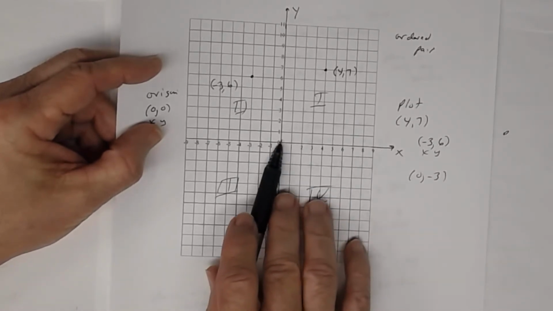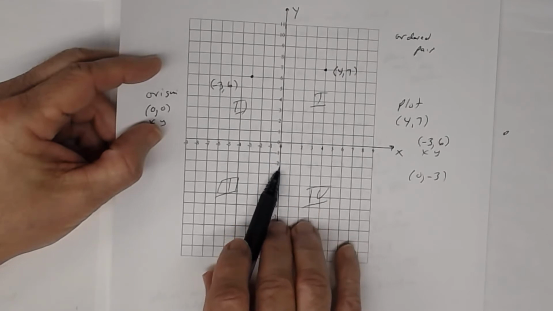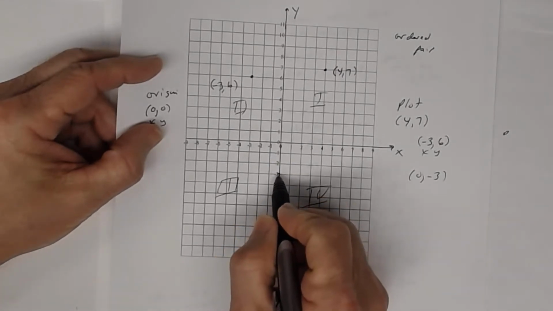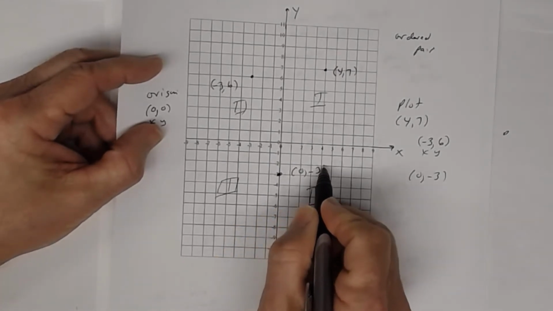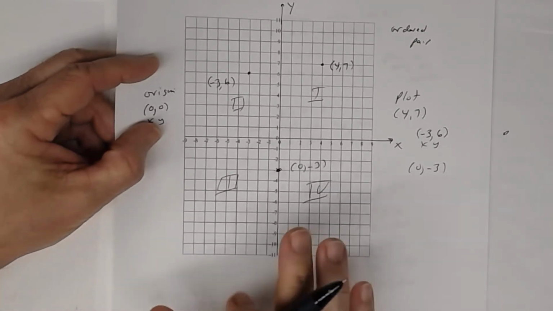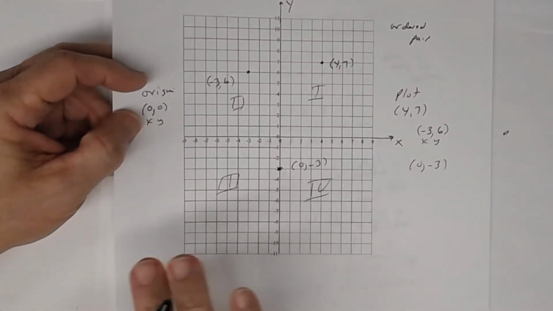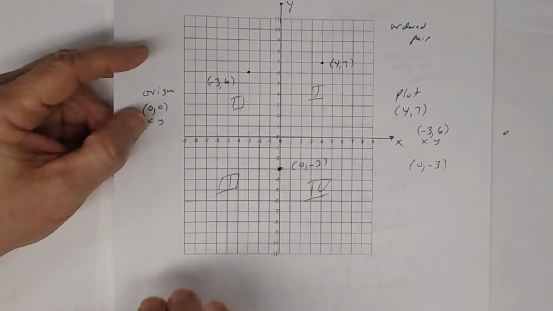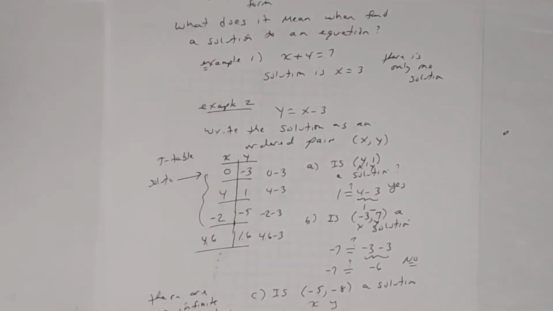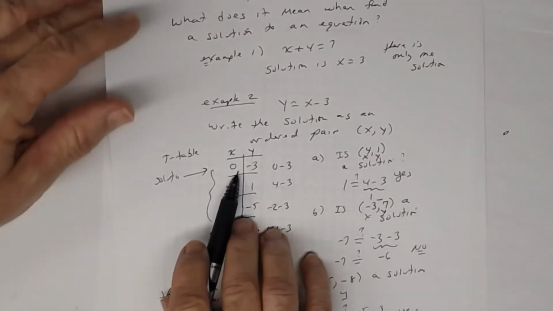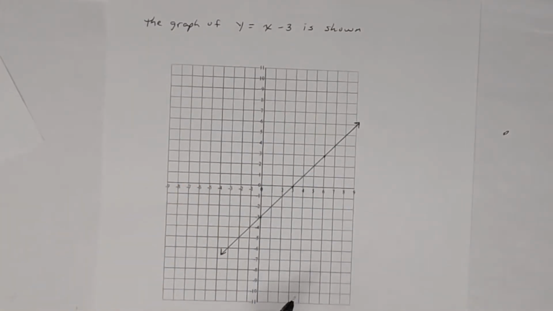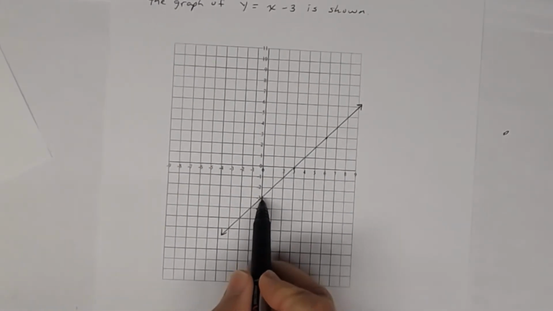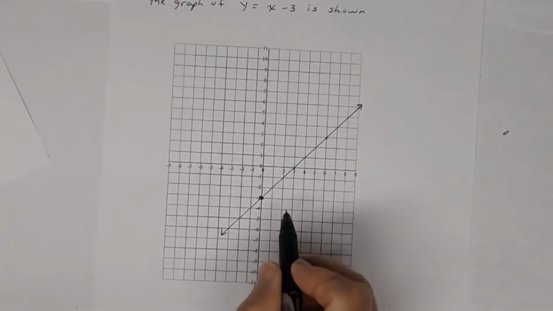Y is negative 3, so that means you go down 3. 1, 2, 3. So this is the point here, (0, negative 3). Okay, so just make sure you remember how to plot points, because that's a prerequisite for this section. So when I plot the point (0, negative 3) in this plane, notice it is right here.